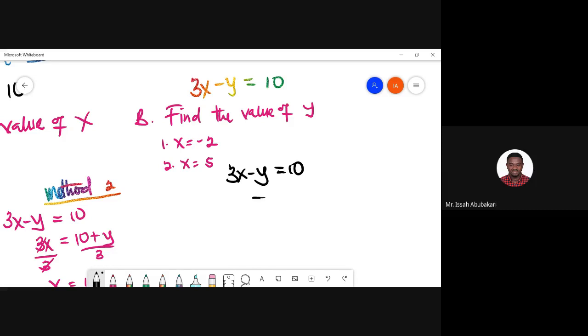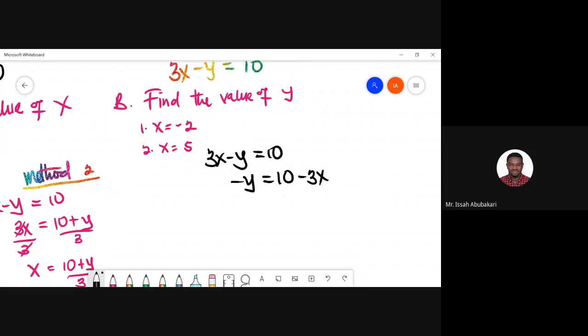So we are going to have minus y is equal to 10 minus 3x. Okay? And since we are looking for just y, but not minus y, we multiply or divide both sides by what? -1. And at the end, we are going to get positive y is equal to -10 plus 3x, if you are multiplying through by -1.